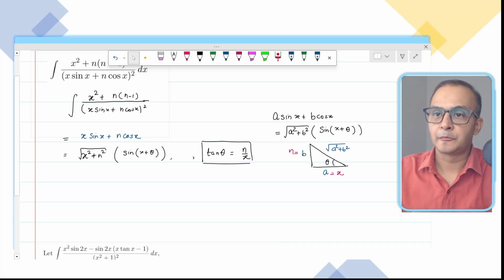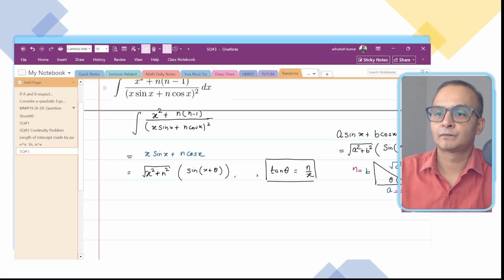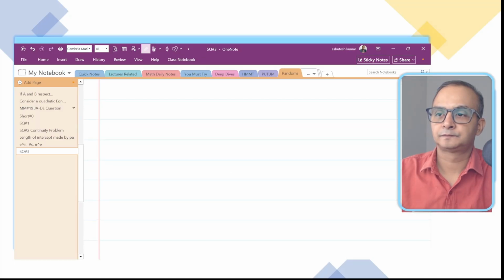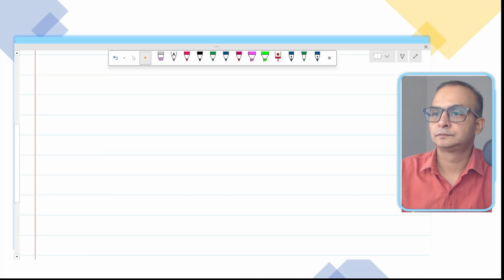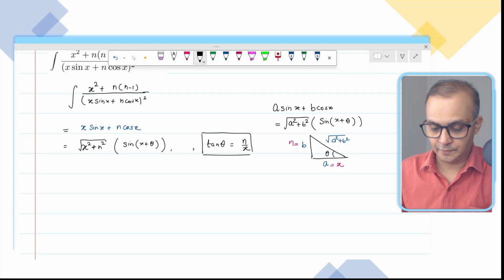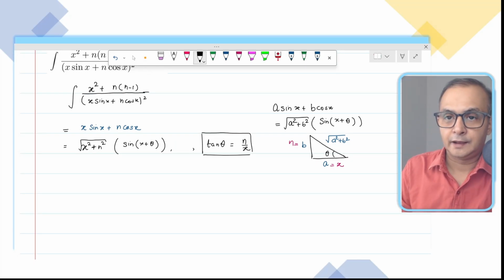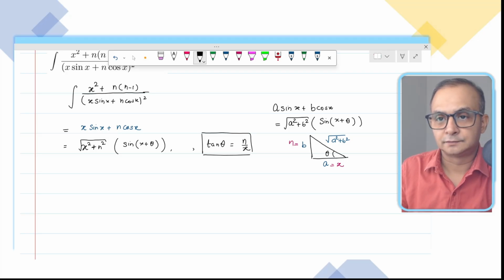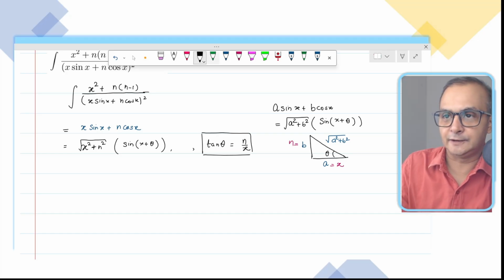Now what we'll do is, let me just take this thing down. After this, you can think that if we assume sin(x plus theta) as t, or let's say x plus theta as t, what will happen?